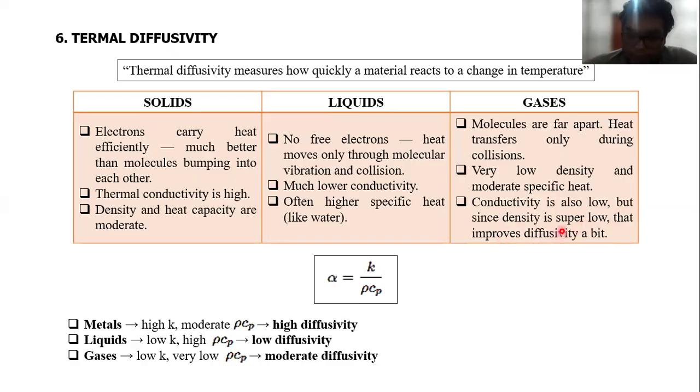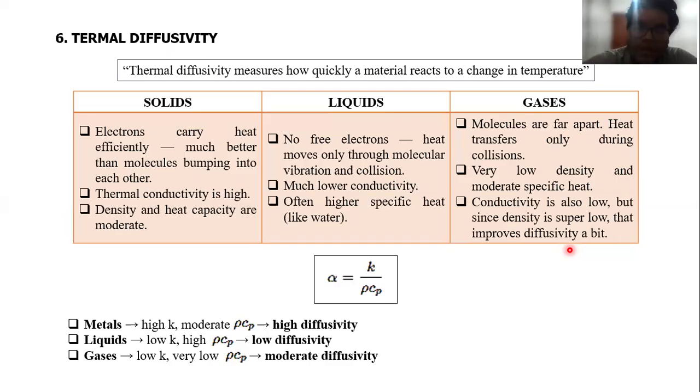That improves diffusivity a bit. Okay, so that's really a consequence, right? Because if the density is low, a little bit of the gas tends to condense. So the low density improves diffusivity a little bit.